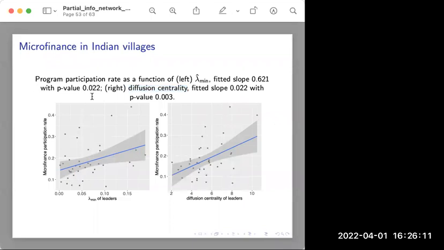It turns out the program participation rate is correlated to our centrality measure. Even with a slightly significant p-value, the significance level is not as big as the diffusion centrality measure, which is originally designed to capture this information, but still it shows us that our centrality measure is useful for something beyond just knowing global community memberships.